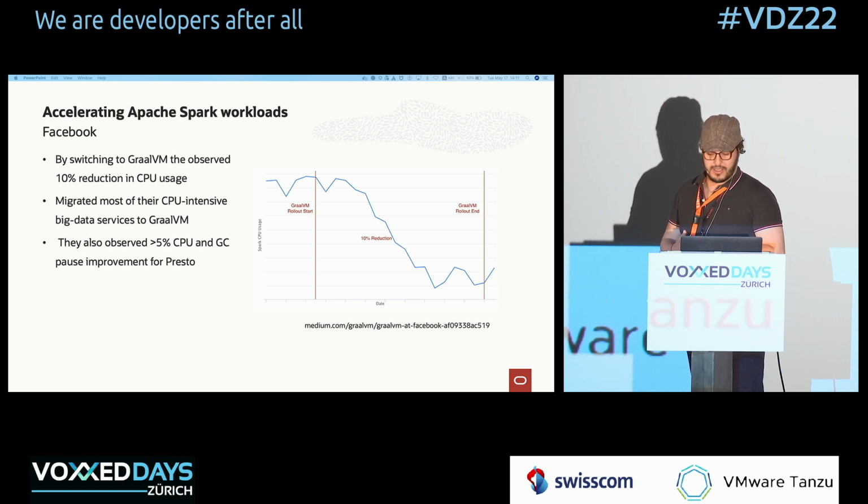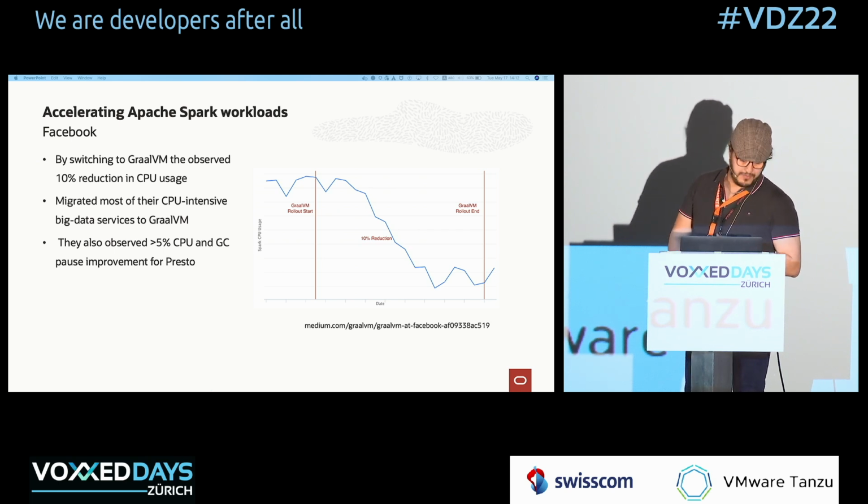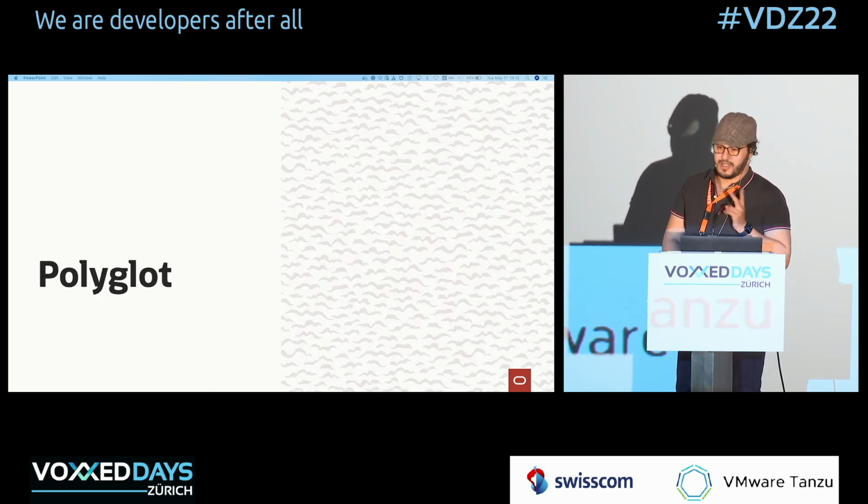And then there was some work from Facebook moving their Apache Spark workloads to GraalVM for a set period, and they saw a boost in performance, CPU reduction of up to 10%, and more than 5% in CPU and GC pause improvements on their workloads.